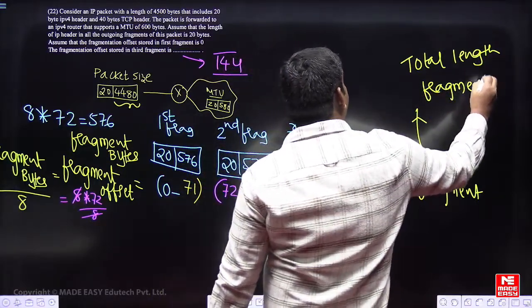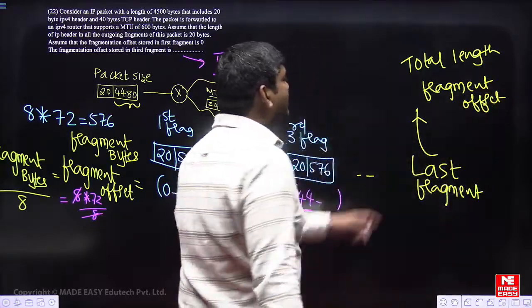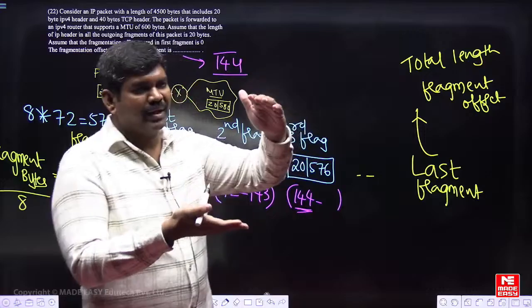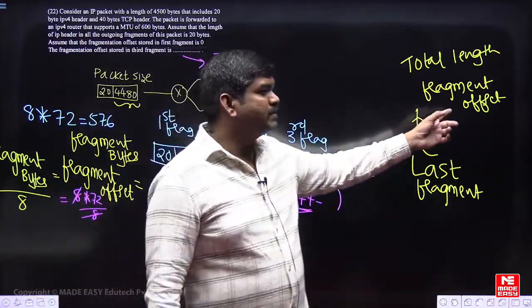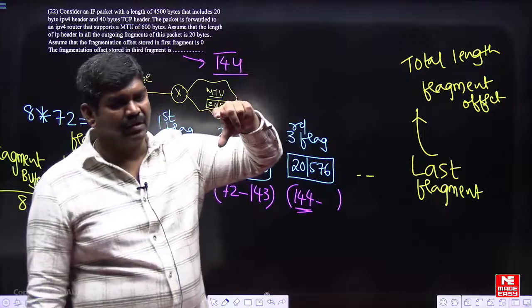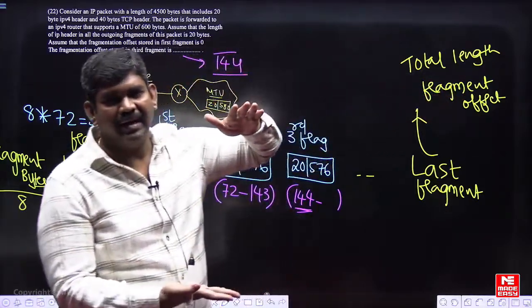From the total length we get the total number of bytes in the fragment, and the fragment offset multiplied by 8 gives the starting address. If you add the total length to the starting address, you get the ending address also.